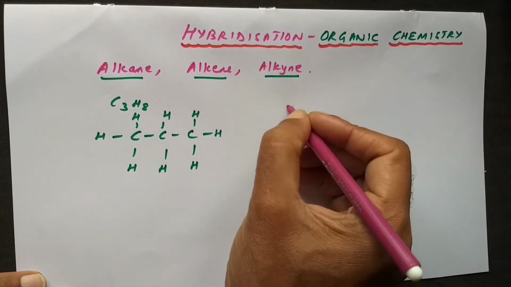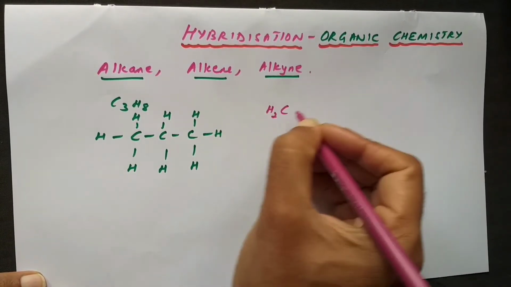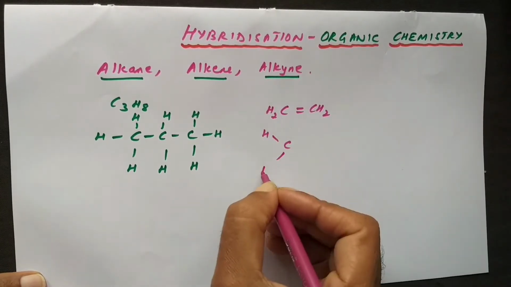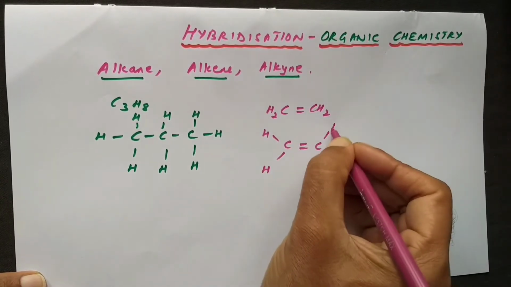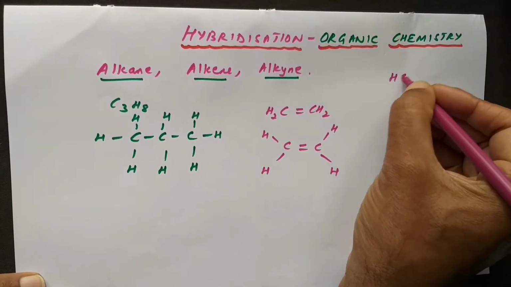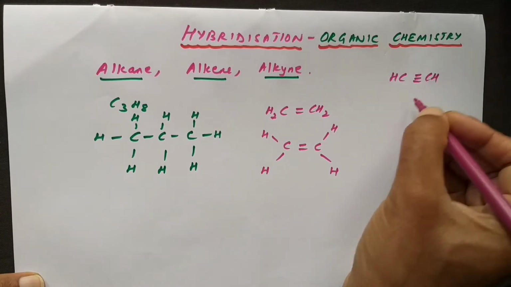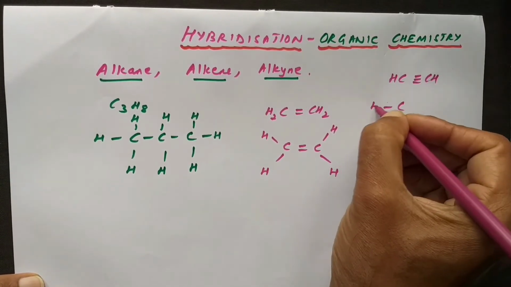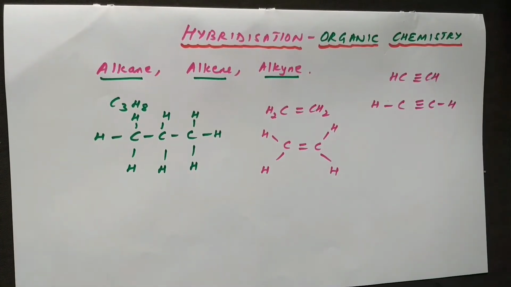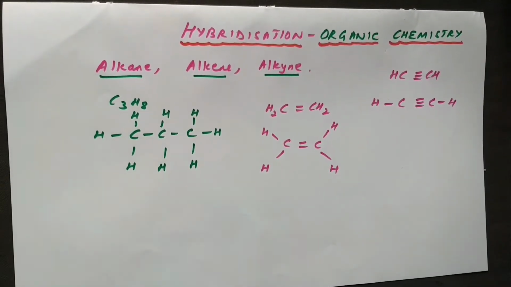In case of alkene, I will write CH2=CH2, which I can write as CH, H, double bond, H and H. And finally let me take acetylene, the alkyne. Here the carbon is attached to hydrogen and then carbon is attached to hydrogen here. So how to find the hybridization of these compounds?